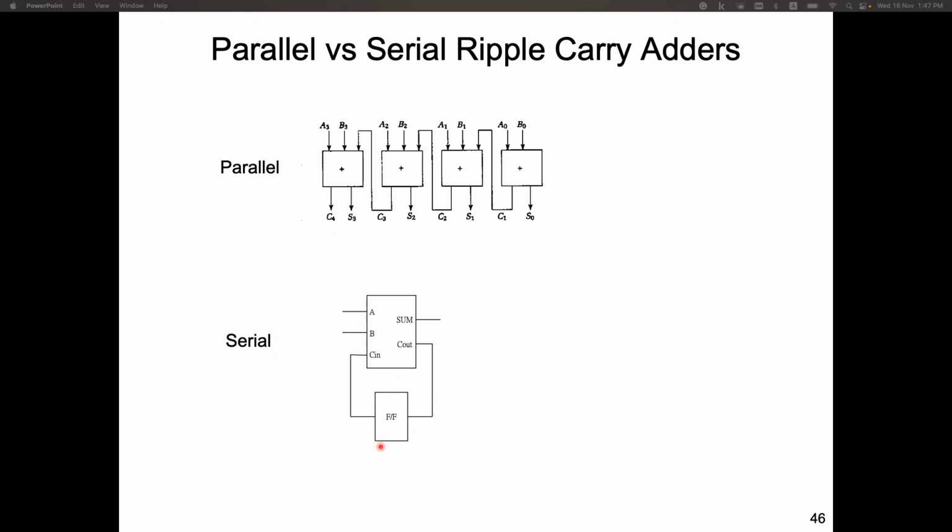No matter how long the word is, it takes n clock cycles to complete an addition. A pipeline is something in between. The pipelining circuit has the latency of the serial circuit, but it has the throughput of the parallel circuit.